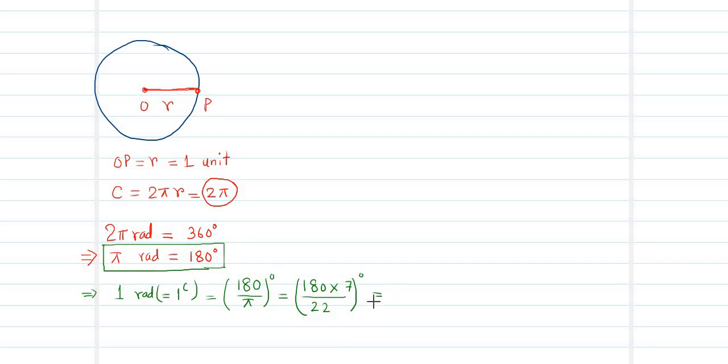Now after calculation we will find this value equal to 57 degree 16 minute approximately. So this is another very important relation: 1 radian is equal to 57 degree 16 minute approximately.